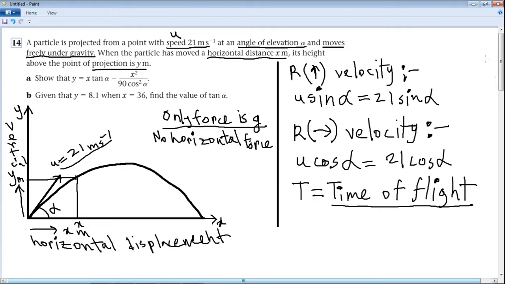Now at first let us resolve horizontally. If we resolve horizontally, we'll get d is equals to vt. We're gonna use this motion equation for finding the horizontal displacement, where d is the horizontal displacement.